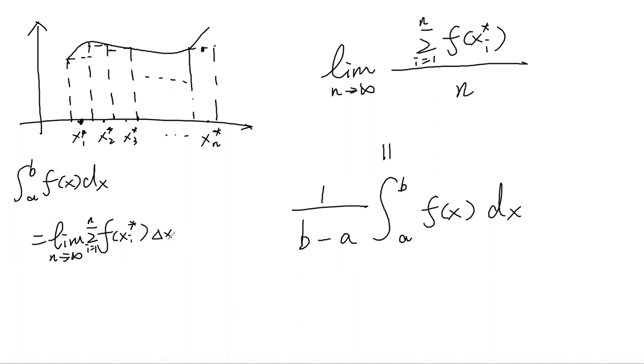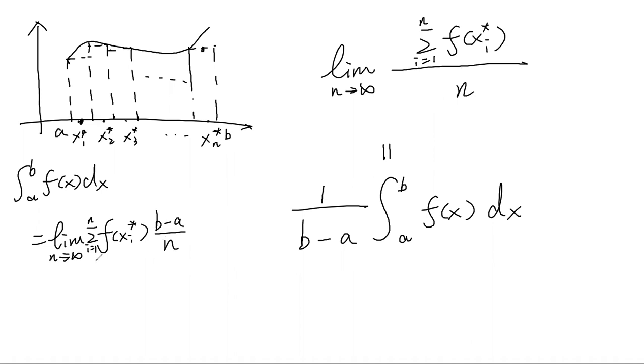And delta x here is actually b minus a divided by n, because there are n subintervals, and the total length of the interval is the difference between the endpoints. So it's b minus a.